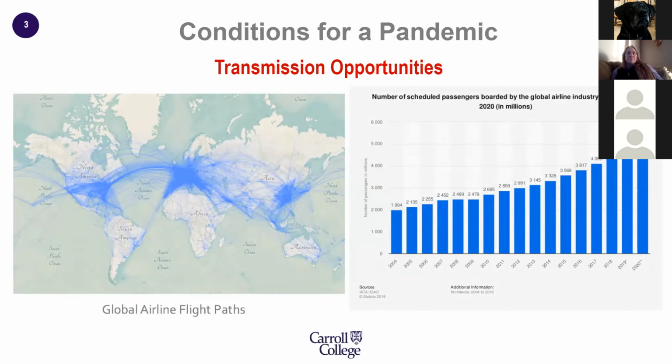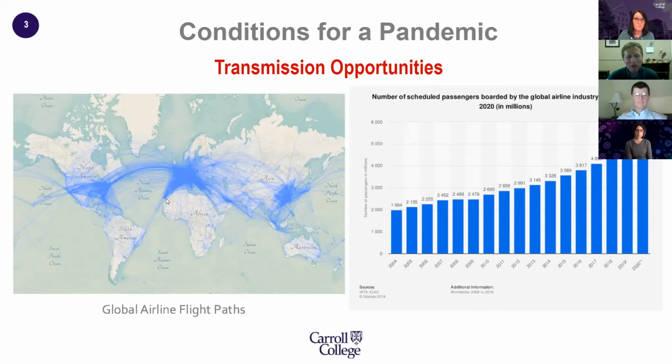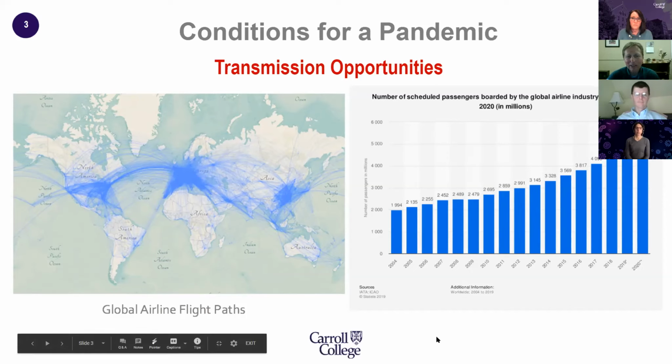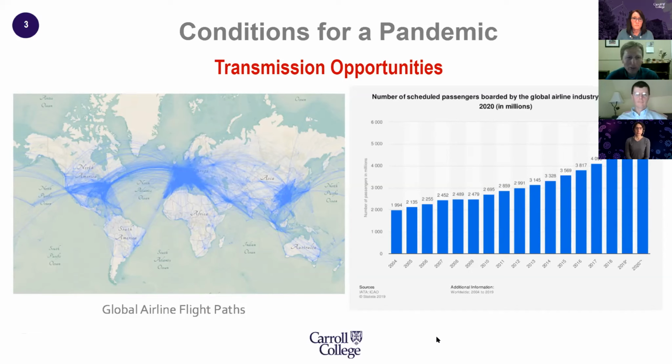The graph on the right indicates numbers in millions. So for 2019, for example, 4.5 billion humans traveled by air. And if I just draw your attention to Europe, you can see it being a major hub for all of this world travel. It's not really a surprise that COVID-19 really exploded in the European countries.